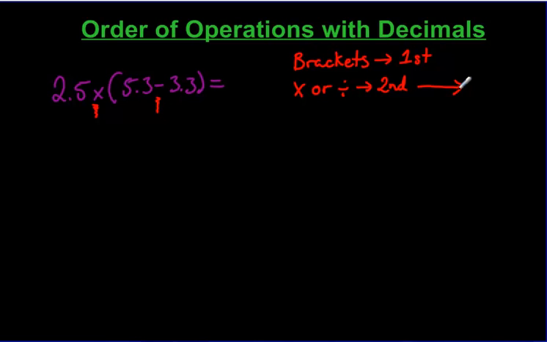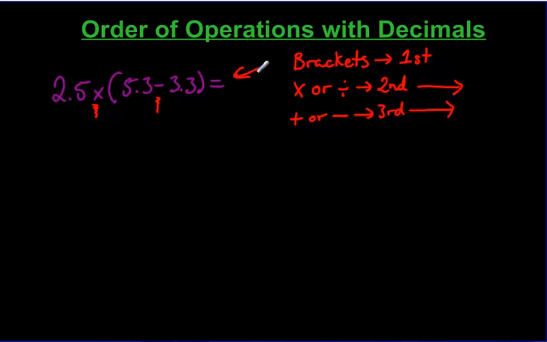Then, once we've done the multiplication or division, we look at addition or subtraction, and we do that third. Again, for addition or subtraction, it doesn't matter which one comes first, we work from left to right. So let's apply these rules to this question here.